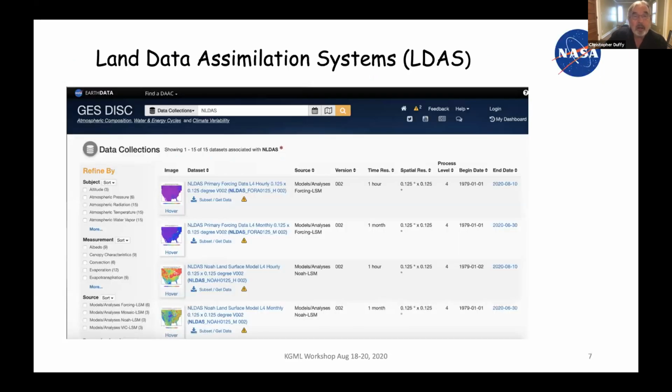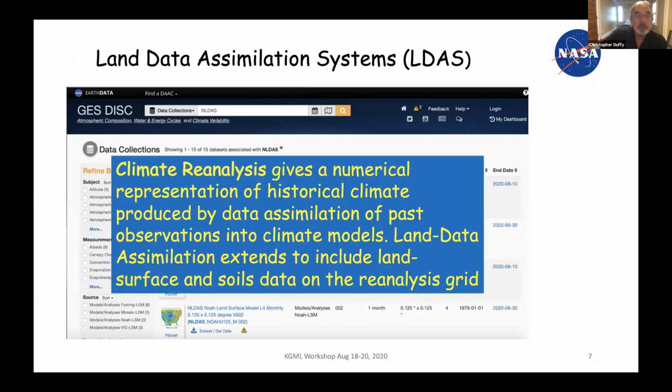Land data assimilation systems from NASA and NOAA or climate reanalysis are used globally to get the atmospheric inputs to hydrologic systems. Climate reanalysis gives a numerical representation of the historical climate. It assimilates past observations from weather stations and land surface data, satellite information, many other soils data, and even the vegetation and snowpack from satellites, for example.